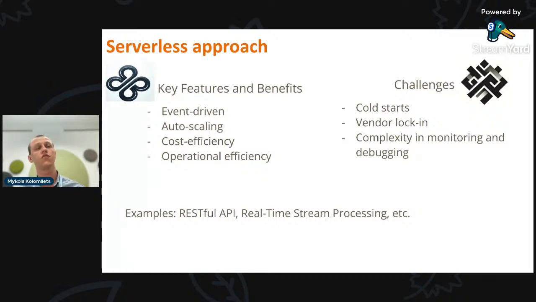But of course, from the benefits, from the features, we will face some challenges. And the first challenge is a cold start. In different trigger components, for example, Azure Function, Lambda, Cloud Run, we know about this term cold start.